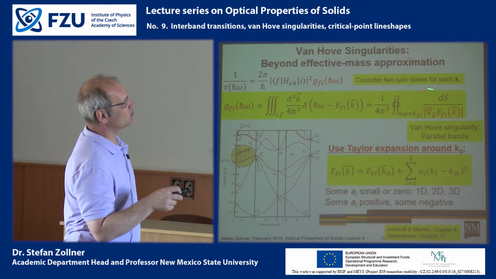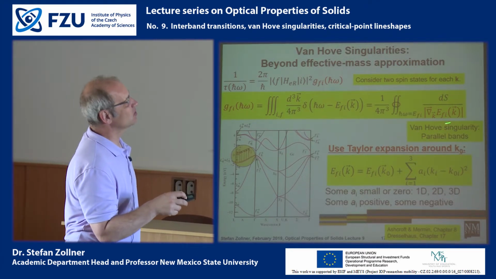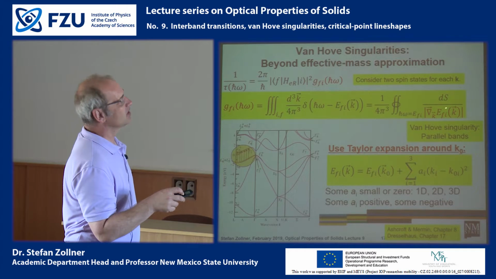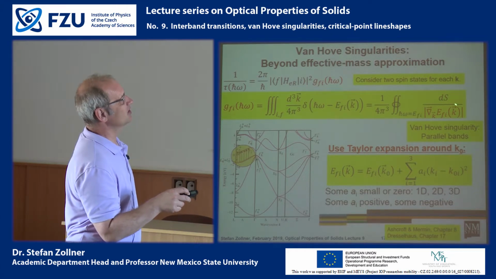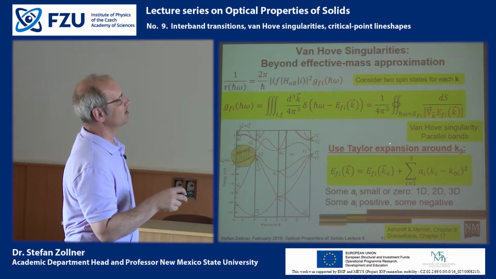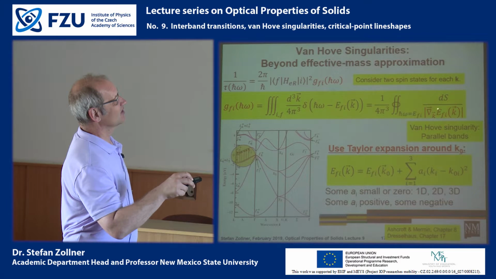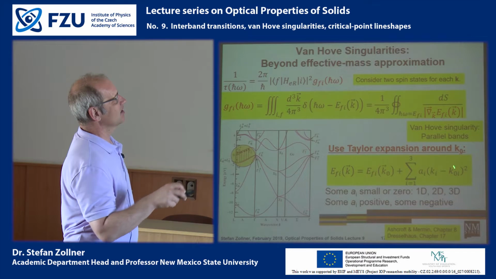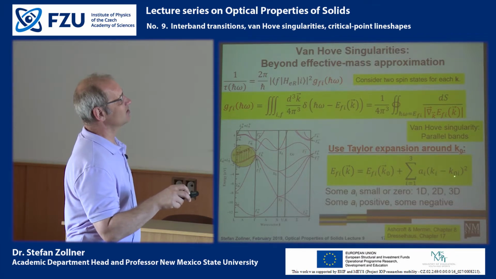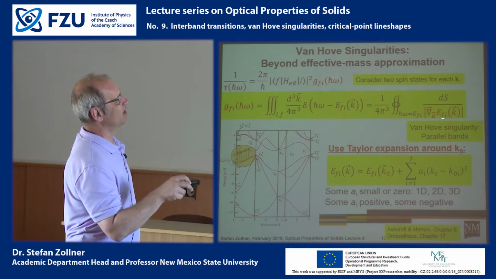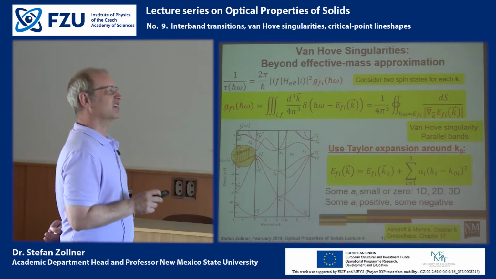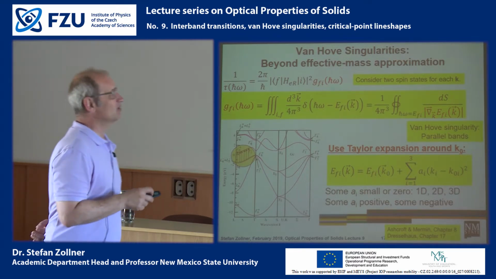This expression is accurate, and there's no effective mass in here. But nevertheless, what we do is we expand this energy difference into a Taylor series. So now we say that there is a maximum or a minimum at a certain k vector k0, and then we expand this energy in k-space around k0.